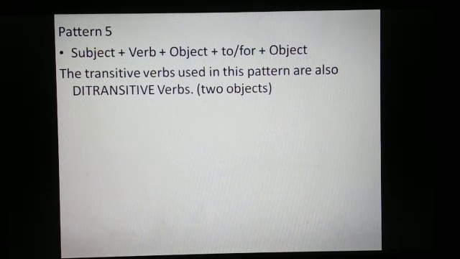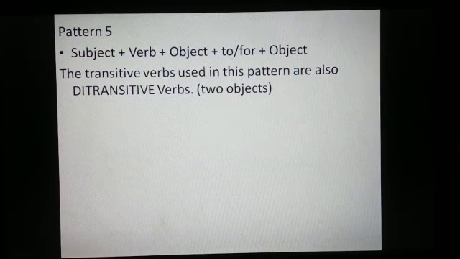Now children, the thing you need to pay attention to is that in this pattern number 5, the direct object comes before the indirect object. Yes, immediately after the ditransitive verb, the direct object, that is the gift, will come, then the preposition to or for, and then the indirect object, or we can say the receiver, will come.